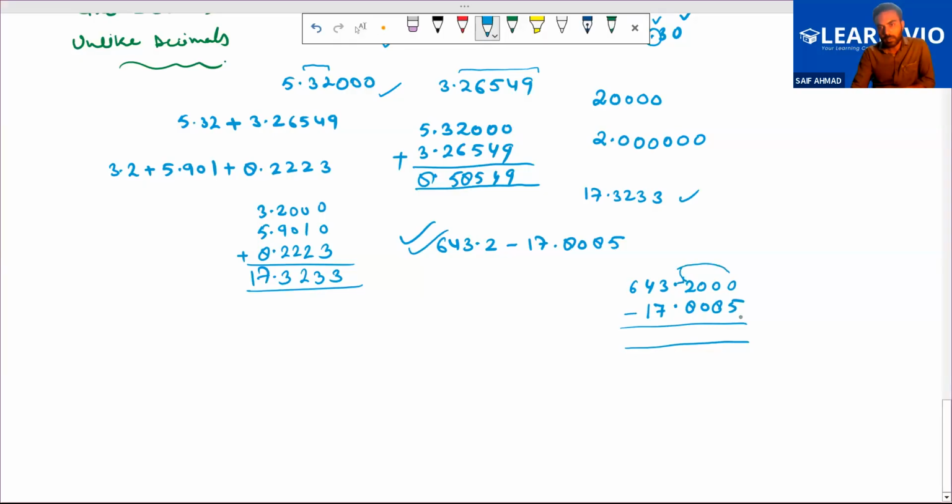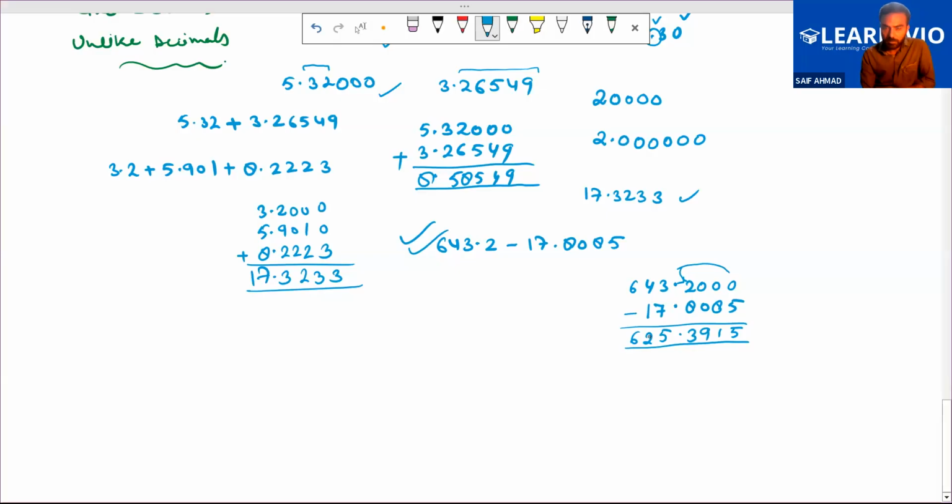So it is 10 minus 5, 5. Now it becomes 9. 9 minus 8, 1. 9 minus 0, 9. Now it becomes 1, carry here, it becomes 11. 11 minus 8, 3. It becomes 2. So 12 minus 7, it's 5. Now 3 minus 1, 2, 6.